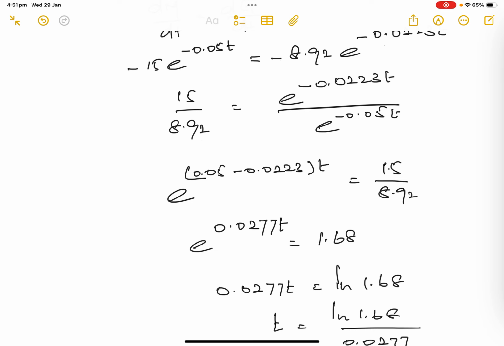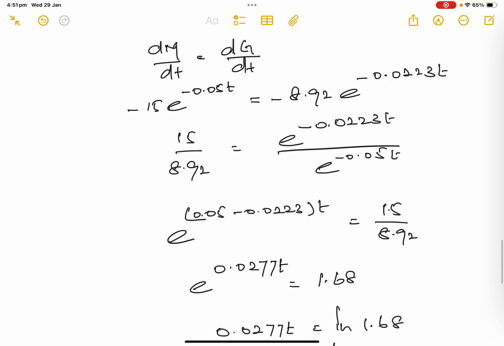From that, just separate the e terms and the numbers. The minuses cancel, of course. That's 15 over 8.92 equals e to the power of minus 0.0223t divided by e to the power of minus 0.05t.